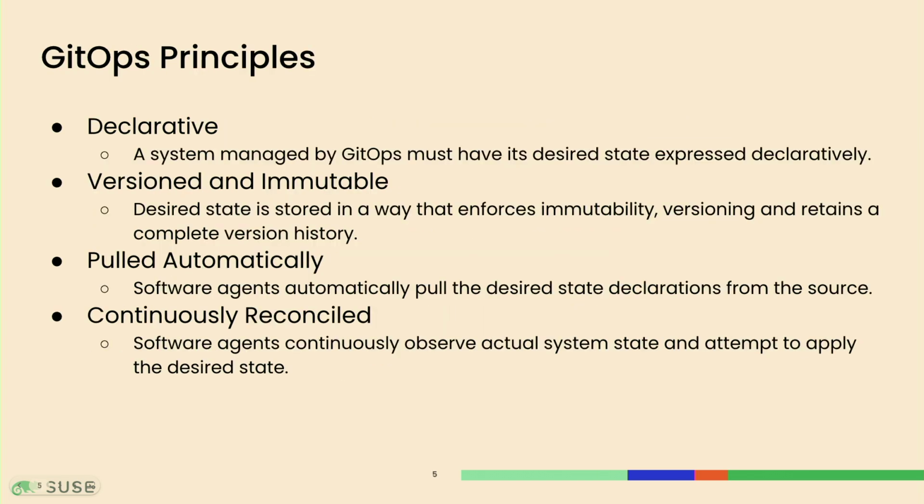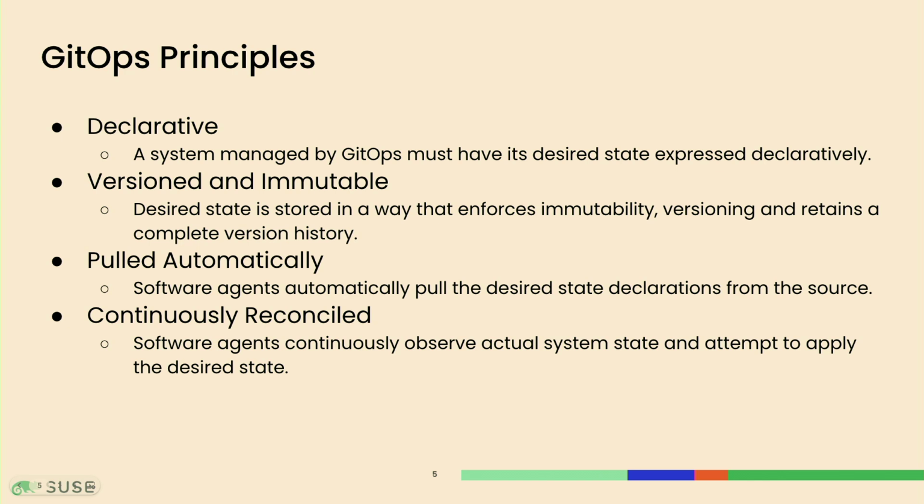So the principles of the GitOps movement is that it's a declarative approach. Everything is in Git, everything is in manifests. Since it's in Git, you get a fixed version. It's immutable, so you can rely on it and version it.